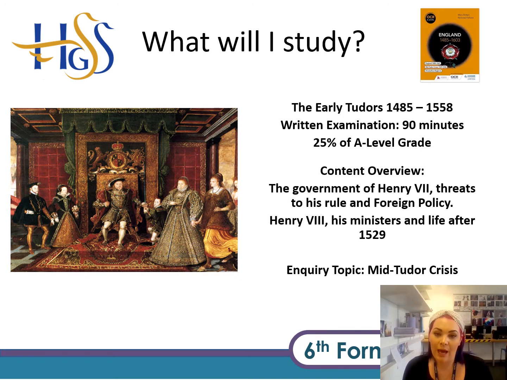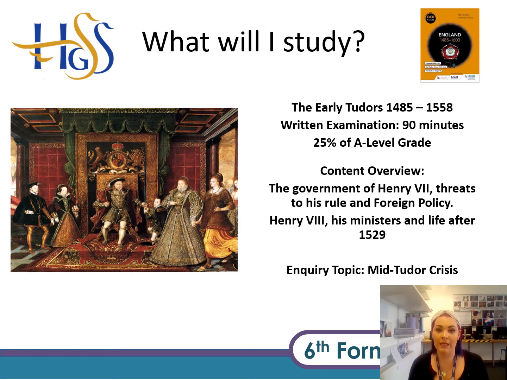We then go on to look at mid-Tudor crisis. This is what your sources will be based on in your exam. So essentially we look at Henry's transition to Edward and the problems with Edward VI. He is only a child when he comes to the throne, he's in his minority, the issues that brings.